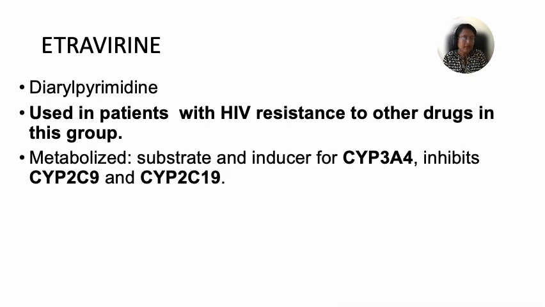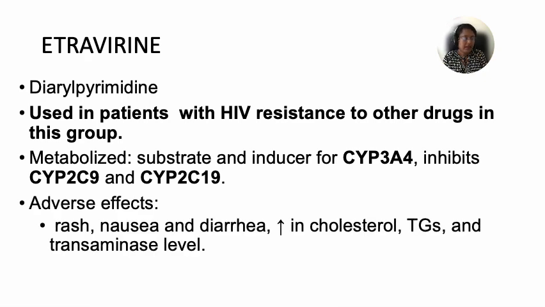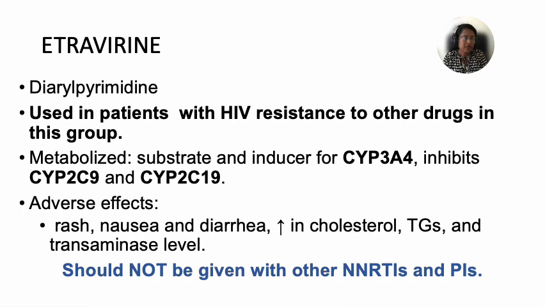Again, like all the NNRTIs, it is metabolized by the cytochrome P450 pathway, and adverse effects are similar to the group of NNRTIs: nausea, rashes, increased cholesterol, triglycerides, liver enzymes. It should not be given together with other NNRTIs.